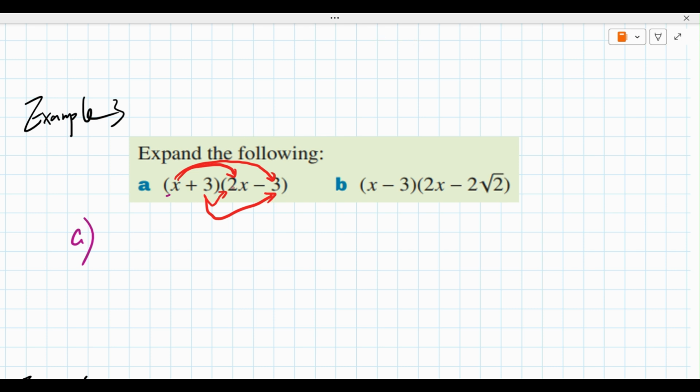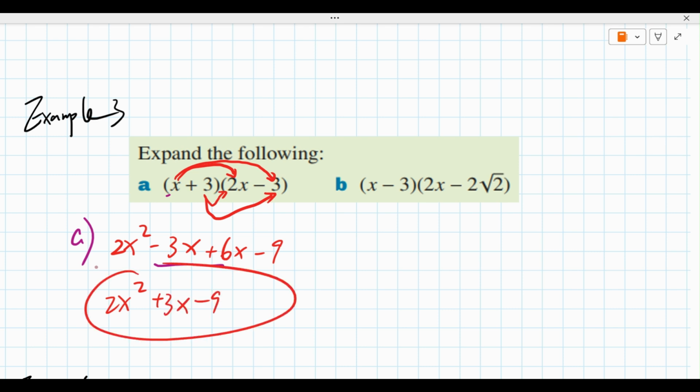So 2x times x is 2x squared, minus 3x, plus 6x, and 3 times minus 3 is minus 9. The like terms are the x terms, so we get 2x squared plus 3x minus 9.